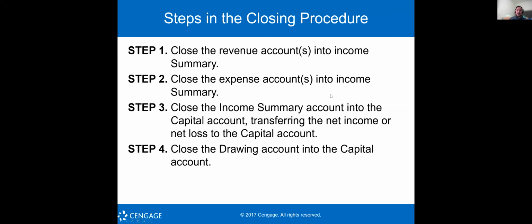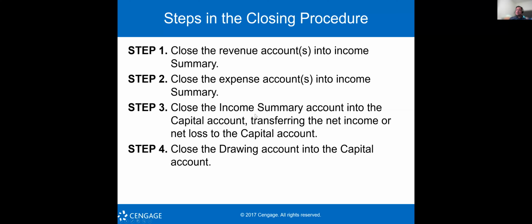The second step is, once we're done with revenue, to go to the expense accounts and close them to this temporary account, income summary. Now that you have entries in the income summary account for the revenue and the expense, you will have a balance in the income summary account. Then you need to close that income summary account, zero that out by transferring its balance to your capital account.